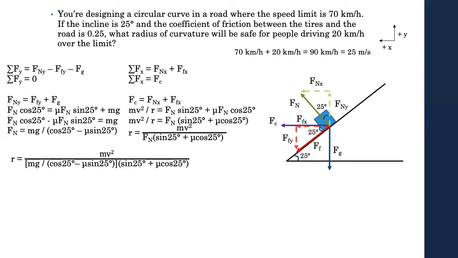The mass times the speed squared divided by that massive line there. And you'll notice mass cancels out. And we don't need it anymore. And now we're just left with numbers that we have. Does any brave soul want to try to put this in their calculator? Anybody? 78.7. And what units are those in?